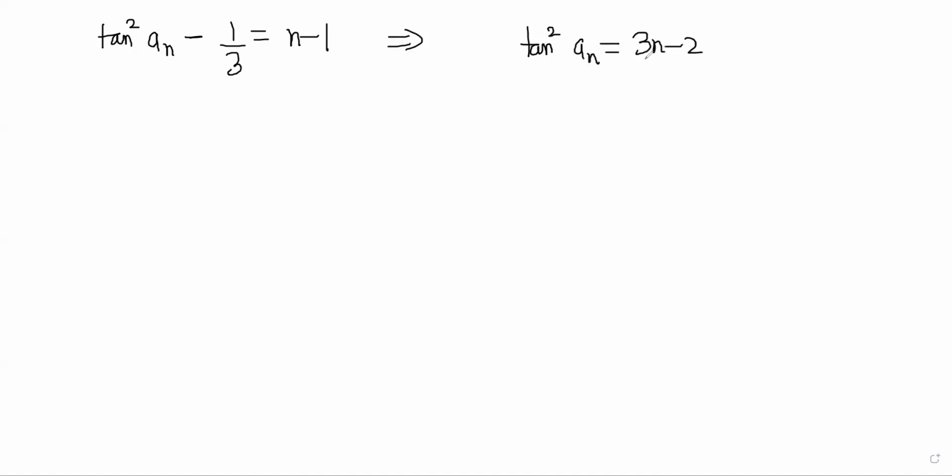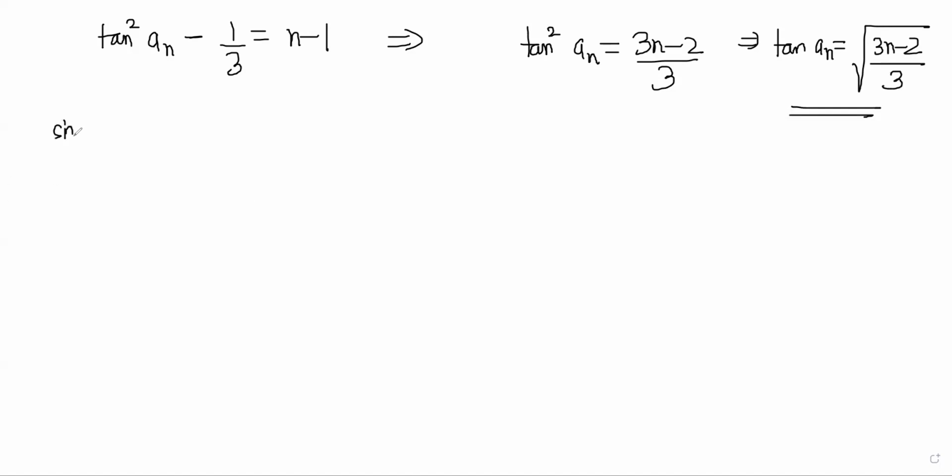We end up with this equation, tan² a_n minus 1 by 3 is equal to n minus 1, which implies that tan² a_n is equal to (3n minus 2) by 3, or that implies tan a_n is root over (3n minus 2) by 3. This is what we have come up with.